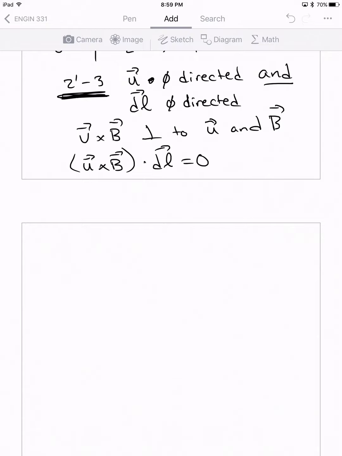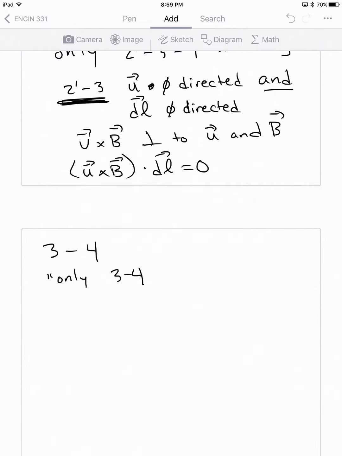But for the part that connects from 3 to 4, that is not going to work out to be 0. And that is what the book means in this example when they say only the path from 3 to 4 cuts the magnetic flux.